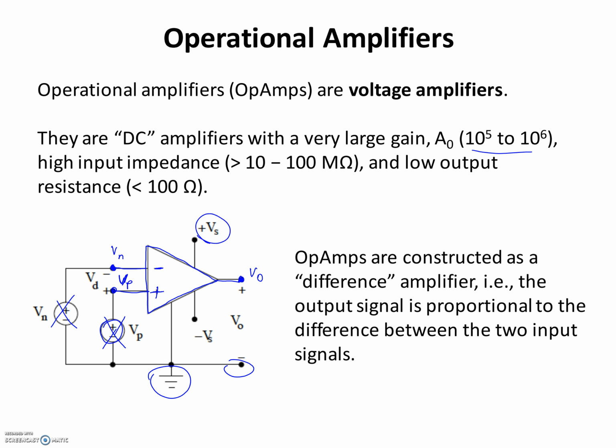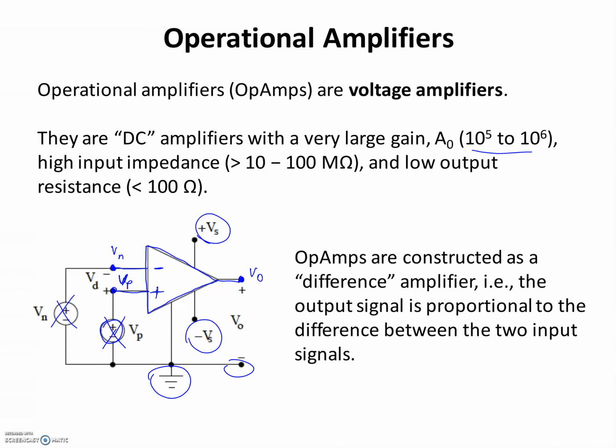We show them with plus Vs and negative power supply, negative Vs. Sometimes Vs and negative Vs are omitted, so they are not shown in the amplifier symbol within the circuit, but that doesn't mean that they do not exist. They are there. For the amplifier to work, it needs to be powered by an external power supply.